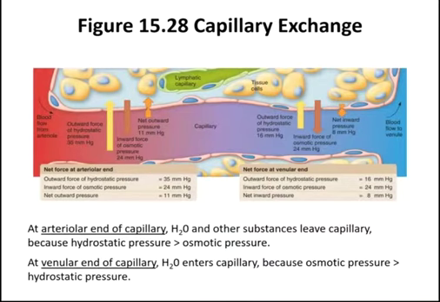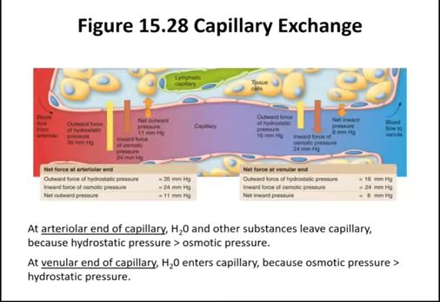And the osmotic pressure is actually to pull things from the tissue, usually interstitial fluid and such, back into the capillary. So we have two opposing forces: pressure to push the fluid out, the plasma out, and osmotic pressure to bring the interstitial fluid in.